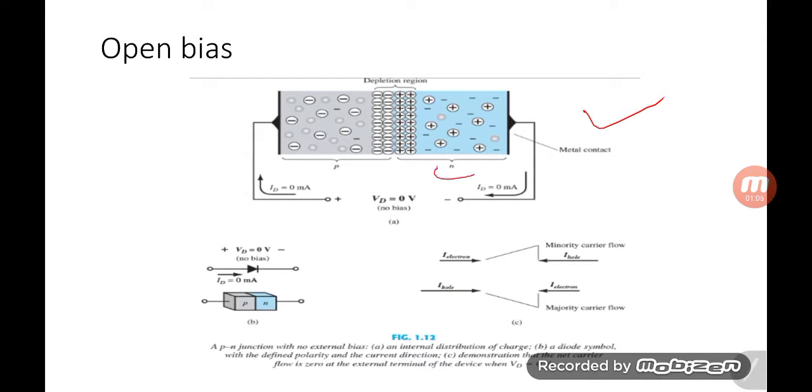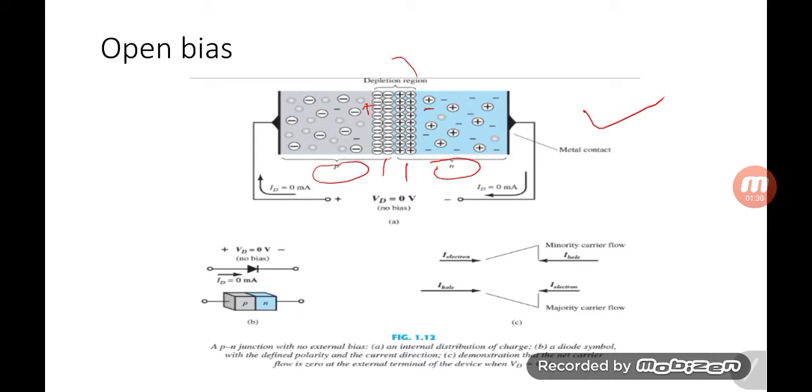Here the n-type material is joined with the p-type material, so the majority carrier electrons in the n-type material will recombine with the positive carrier holes in the p-type material near the junction, so the uncovered ions will remain near the junction. Here the negative ion and here the positive ion will remain uncovered.